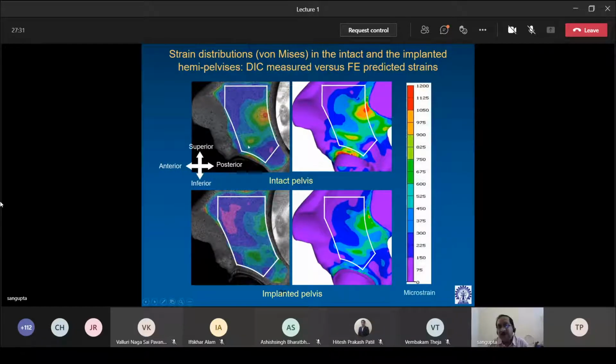All values within this bounded white line are of relevance. So you have the DIC measured for the intact pelvis and DIC measured for the implanted pelvis. You can easily notice the effect of strain shielding straight away.